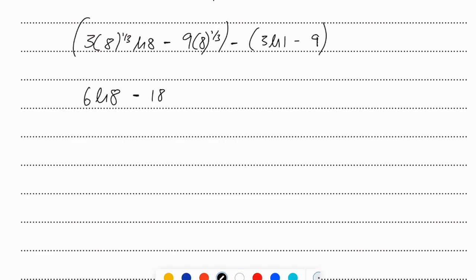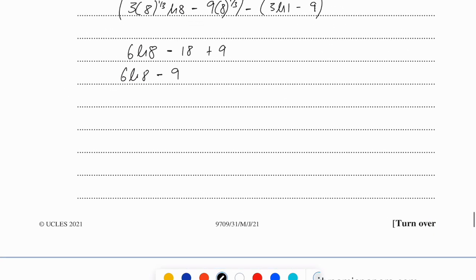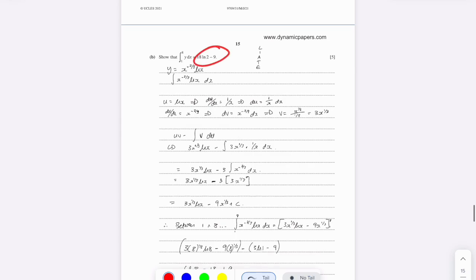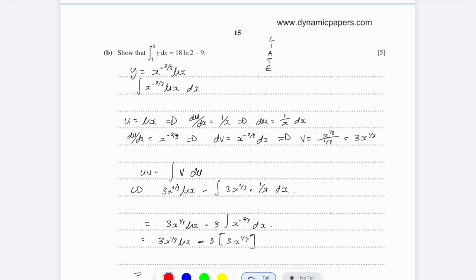Now ln 1 obviously equals 0, so we're going to plus 9. Therefore we get 6 ln 8 minus 9. Okay, so this is where things are getting interesting now. We've got 6 ln 8 minus 9. We need to get to this form, 18 ln 2 minus 9.